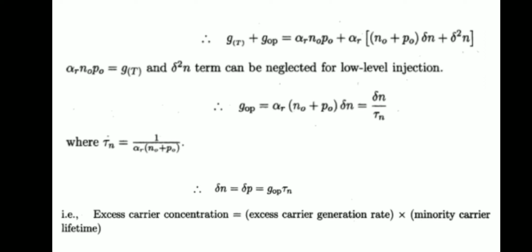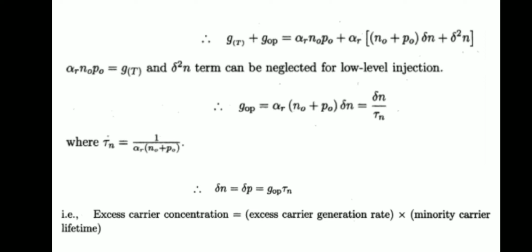So remaining is GOP is equal to alpha times N0 plus P0 into del N. Del square N term is also neglected. So that is represented as del N by tau N, where tau N is 1 by alpha times N0 plus P0. So from this equation we can write del N equal to del P equal to GOP into tau N.